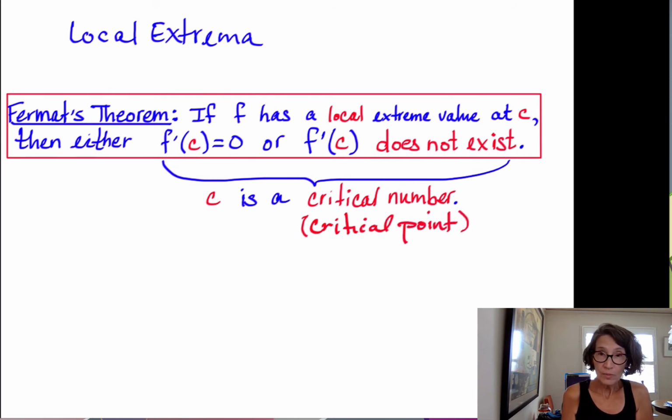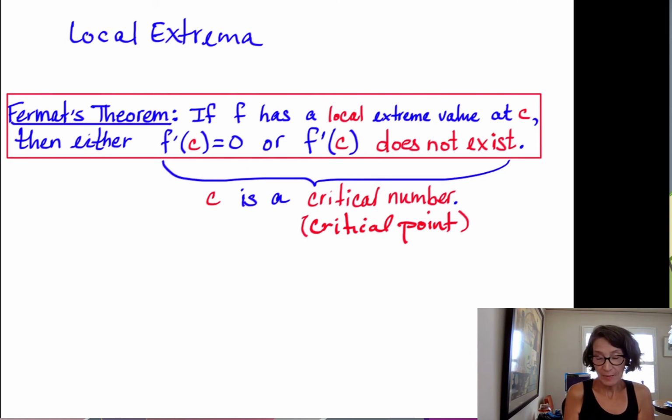So a critical number or a critical point for a function f is a point where the derivative is 0 or the derivative doesn't exist. It has to be in the domain of the function, though. Okay, so f of c exists, but f prime of c might not.